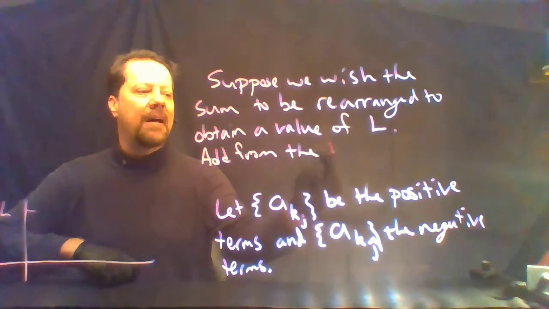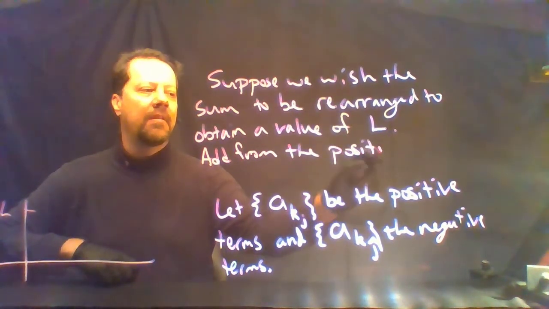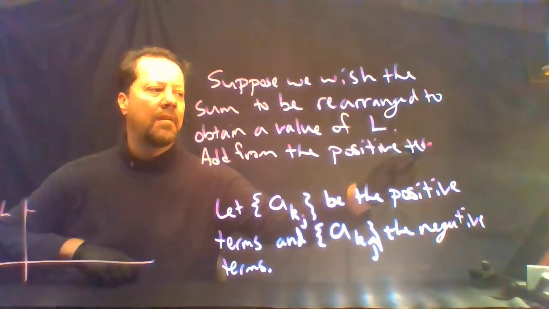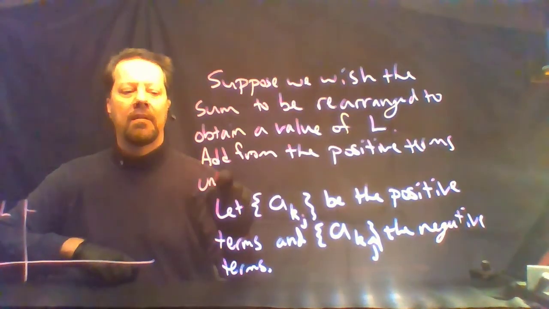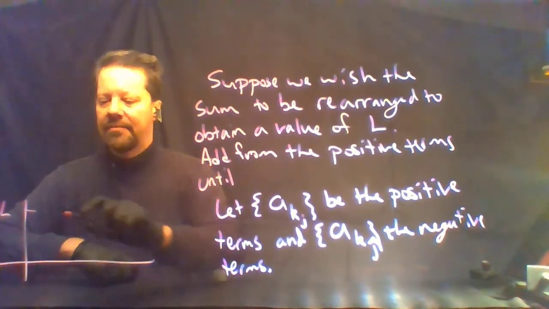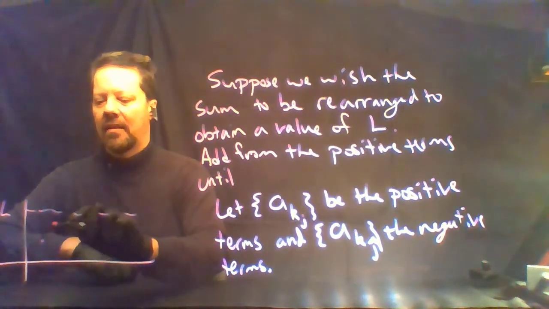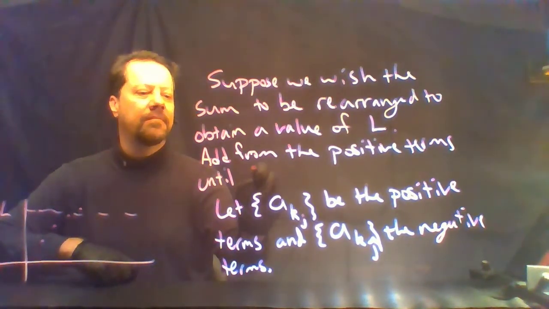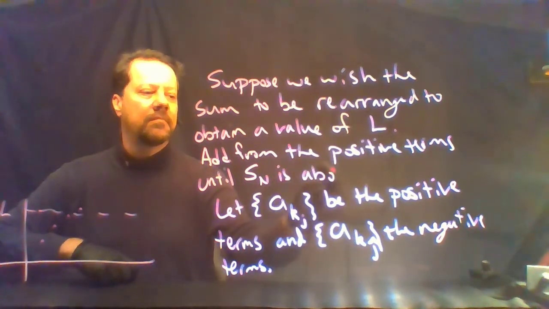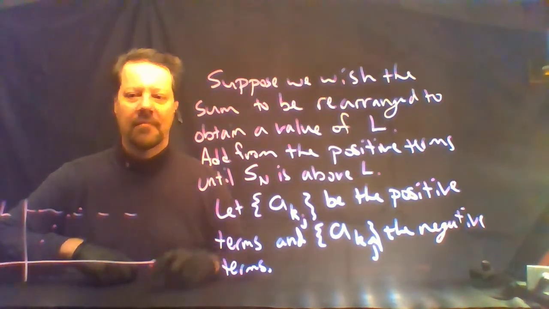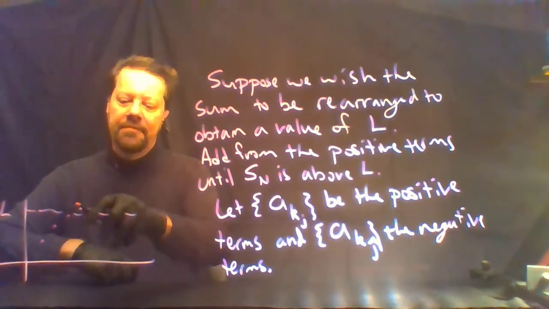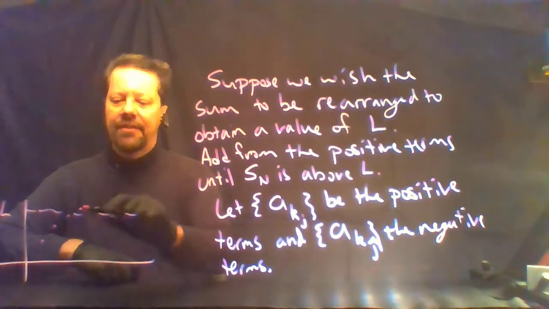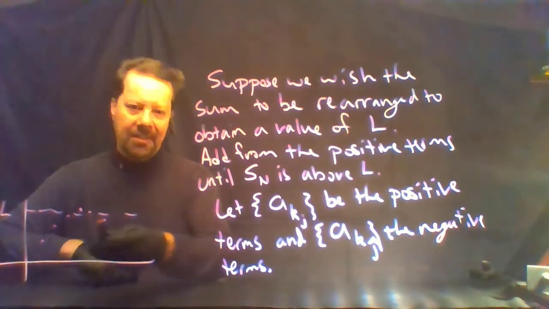Add from the positive terms until the partial sum is above L. Once you get above, add from the negative terms until you're below.